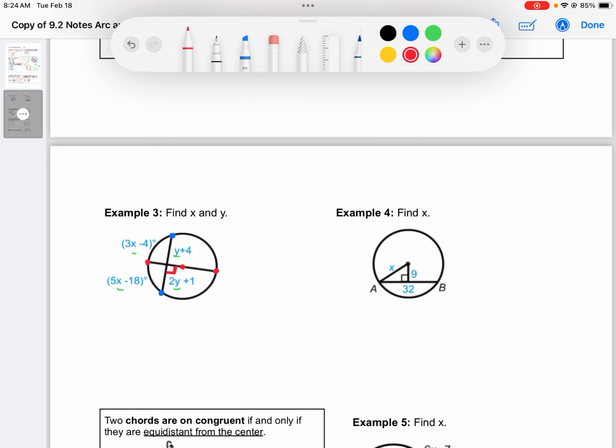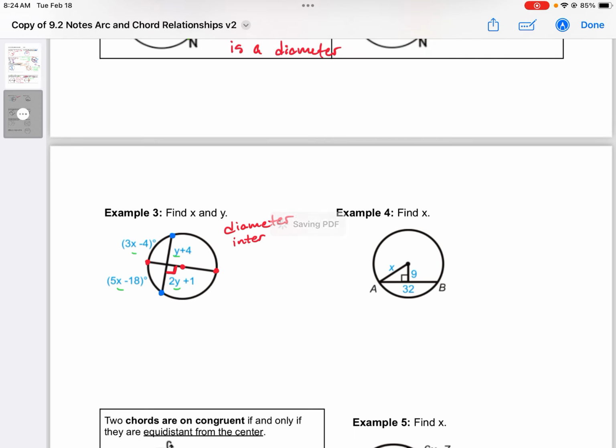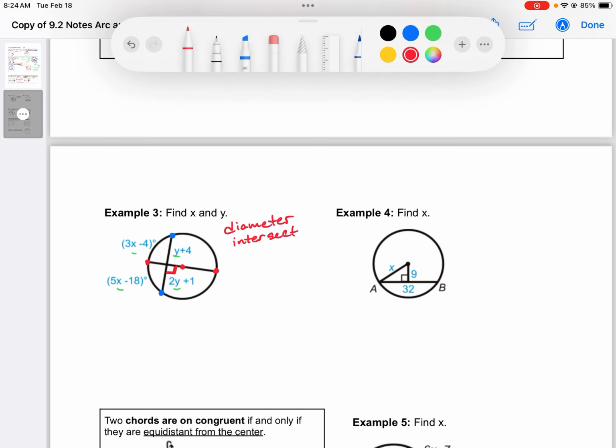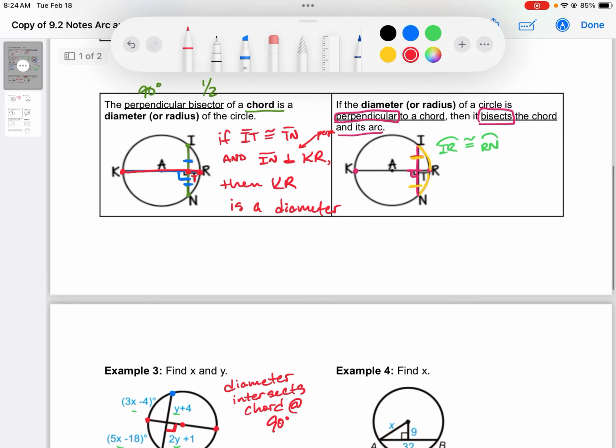So the red one that goes through the center from side to side is a diameter, and it intersects a chord at 90 degrees.